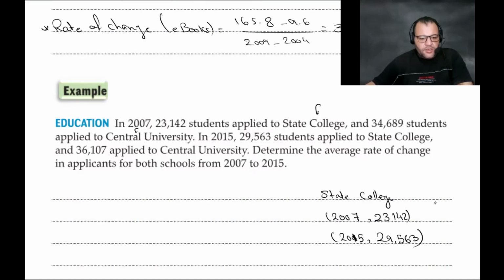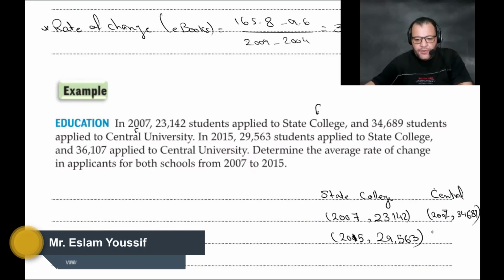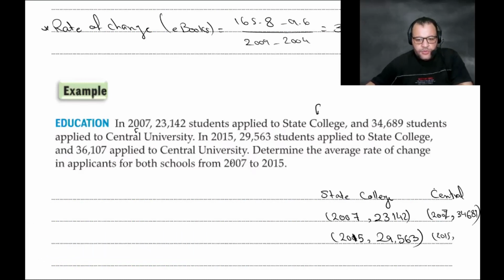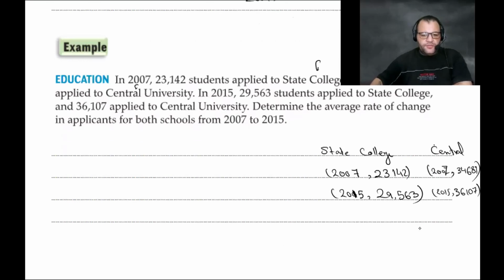And for the other university, Central University, in 2007 the number of students was 34,689, and in 2015 the number of students was 36,107. So we need to find the rate of change for each of them.